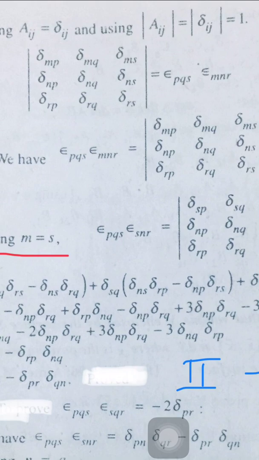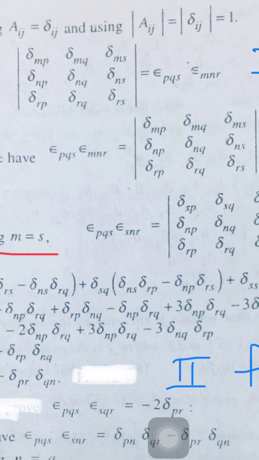When i and j are equal, it takes value 1, and when i and j are not equal, it becomes 0. So it becomes a diagonal matrix of 1, 1, 1. So its value is 1. So when we substitute Aij by Kronecker delta ij, the determinant Aij becomes 1.